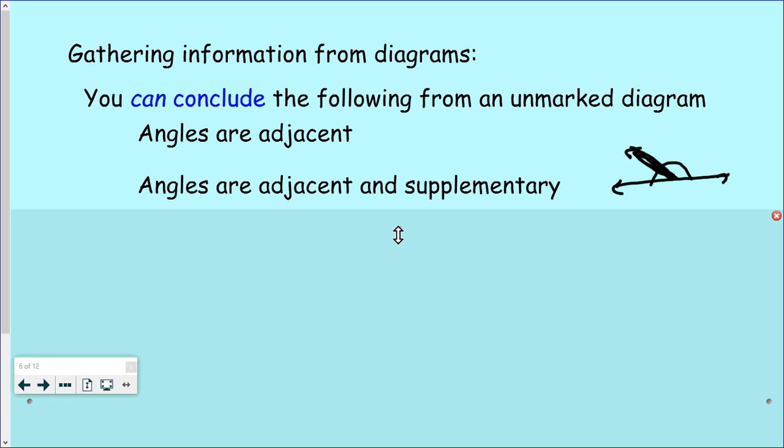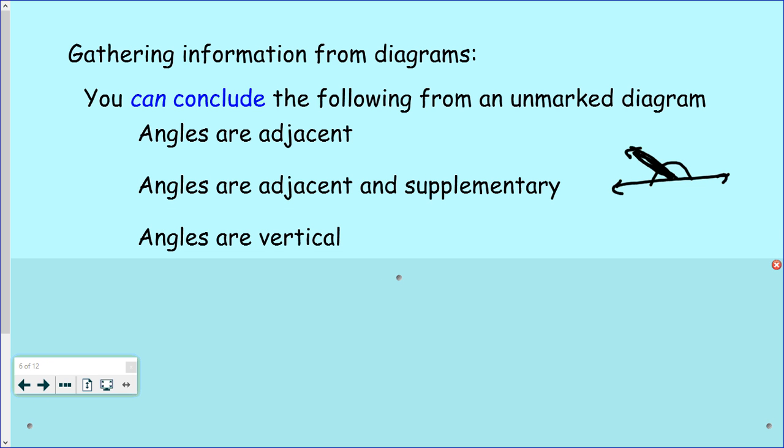That can be a known fact for us simply by looking at the diagram that has no other markings on it, no congruent symbols, no right angles. We could also identify vertical angles. Remember, anytime two lines cross, there are always going to be vertical angles. So in this picture, 5 and 6 would be two vertical angles, and the other two angles would be vertical as well.